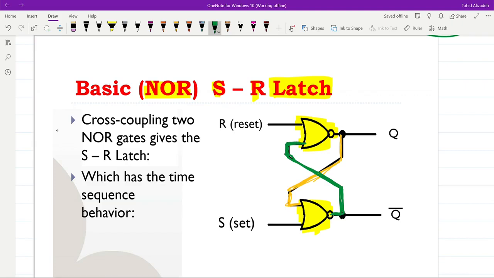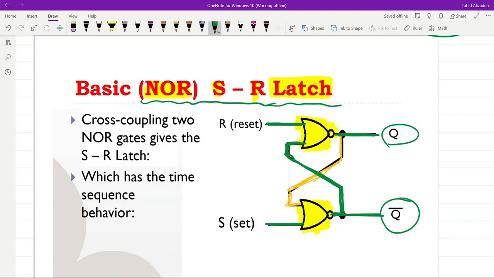We also have two inputs to the latch, the R input and the S input. As the output, we take the outputs from the NOR gates, called Q and not Q. This latch is called an SR latch, so it's the basic NOR SR latch.